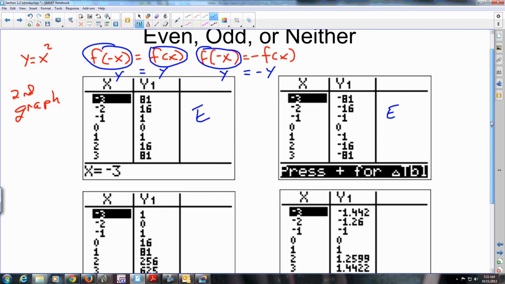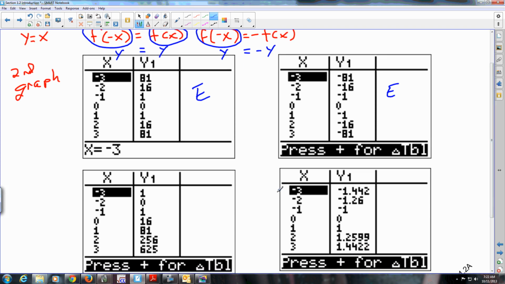The y values are exactly the same. This one, -3 gives you -1.4, +3 gives you +1.4. The y values are the same number, just opposite in sign. This one's odd. This one, neither. There's no relationship between them. The numbers are just different. Okay, that's the end of the first part of 1.2.